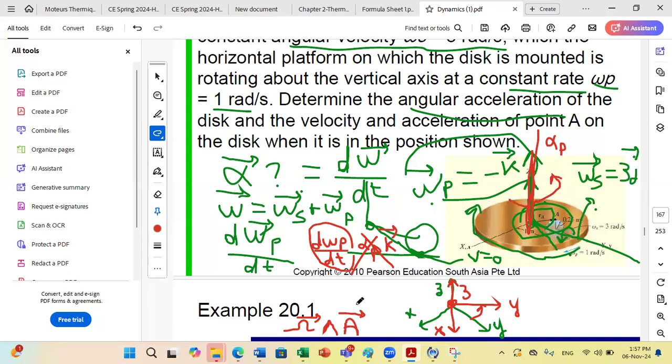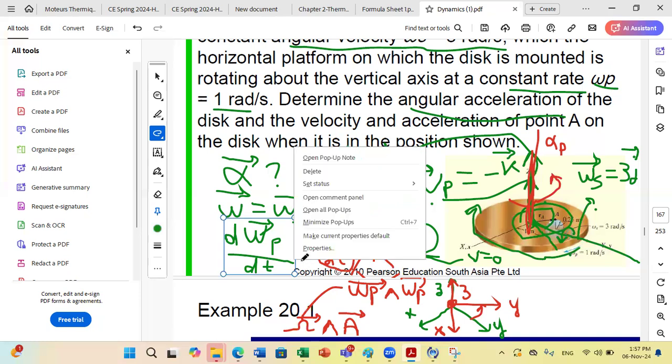So here big omega is omega p. And vector A also is omega p because I am deriving omega p with respect to time. So the change in direction will be omega p vectorial omega p, and you know that omega p vectorial omega p is 0. So we deduce that the derivative of omega p with respect to time is 0.